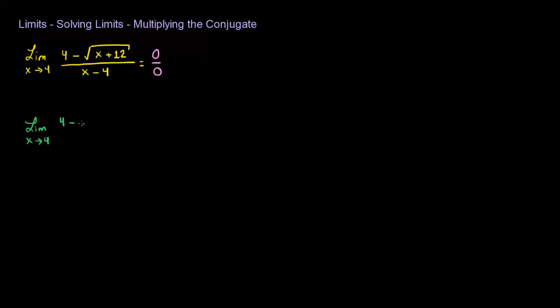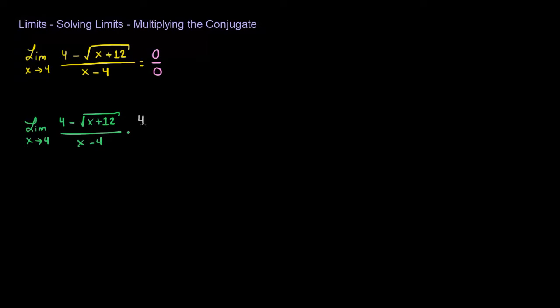And here we'll have the 4 minus the square root of x plus 12. And the denominator will have x minus 4. Now, in order to work this through, I will have to multiply what's in the denominator by its conjugate. I'm going to use a different color to show that I'm multiplying by the conjugate.